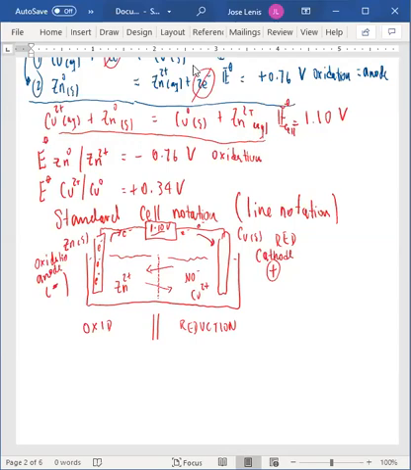By convention, you always start with oxidation. So that's why it's very important you identify which one is going to be oxidized and which one is going to be reduced. So let's start. The standard cell notation, you start with the metal, which is the zinc that is being oxidized. And the interface with the solution containing these ions.